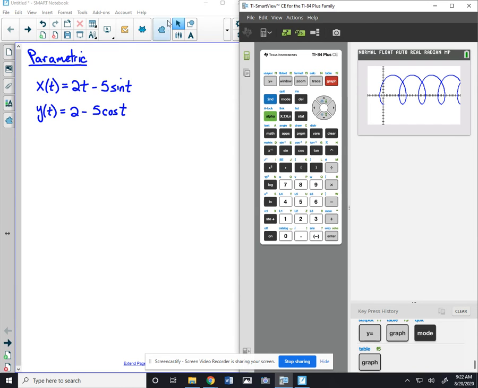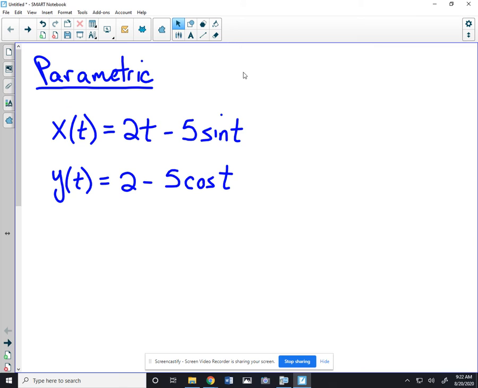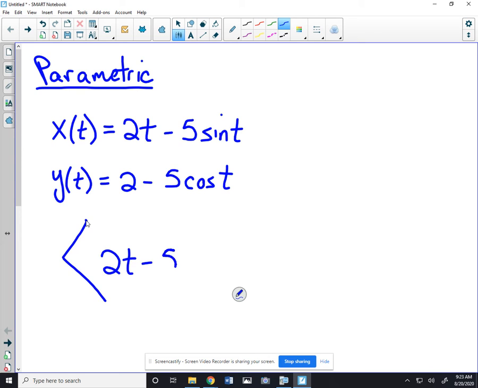Now, I will come back to it, but let us blow this thing back up here. Okay, parametric equations can be written as individual equations like this, or you can write them in vector notation. Vector notation is like parentheses but pointy. And I will write 2t minus 5 sine t, comma, like an ordered pair, except it's an x equation and a y equation.